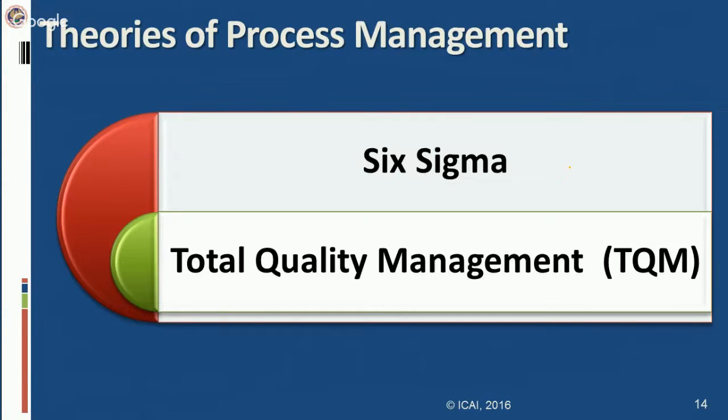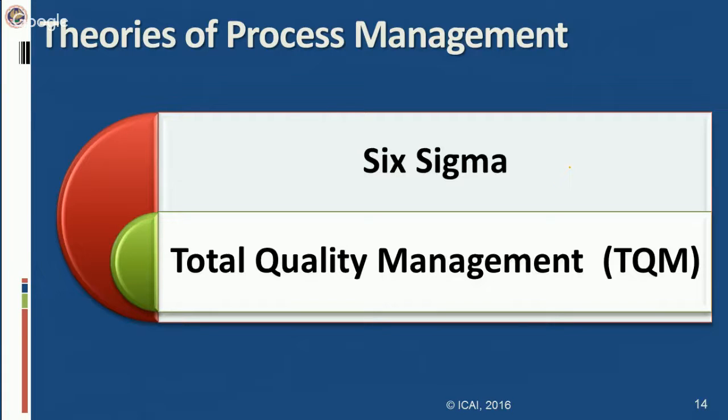Then come the theories of process management. So majorly two theories of process management have evolved, which are Six Sigma and TQM. Now, what is the use of process management? Because we have just discussed that there is a focus on continuous improvement. An organization is always facing competition in and around the nation or globally.